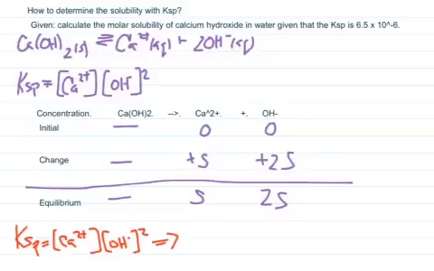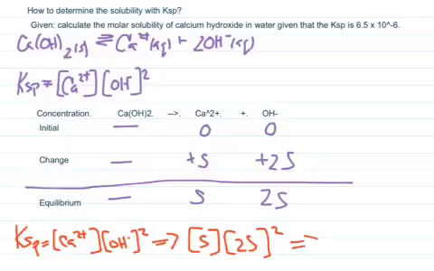And we're going to fill those in with s's. So we have an s for calcium ion, and we have 2s for the hydroxide ion. And this actually gives us, when we square this, 4s squared, and then we times it by the s, and we get 4s cubed.